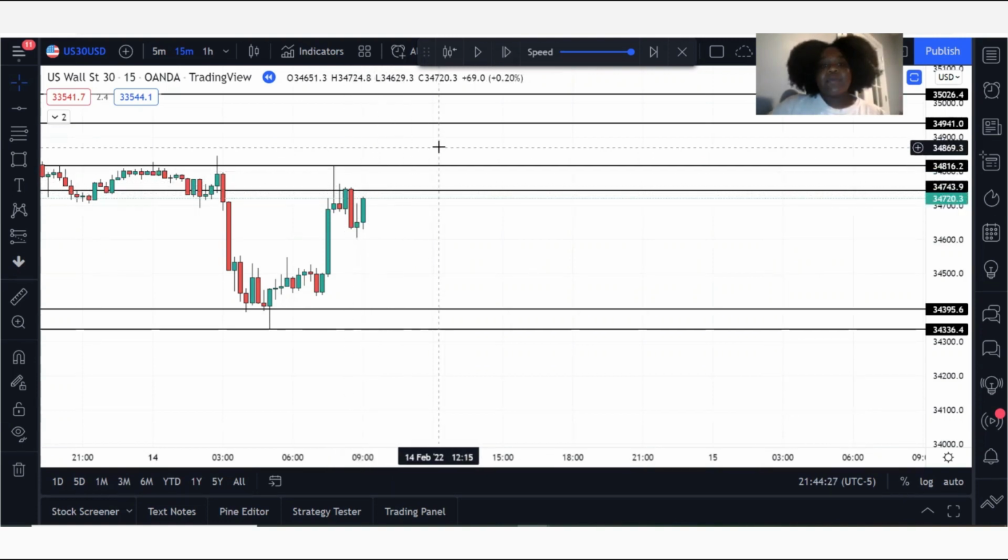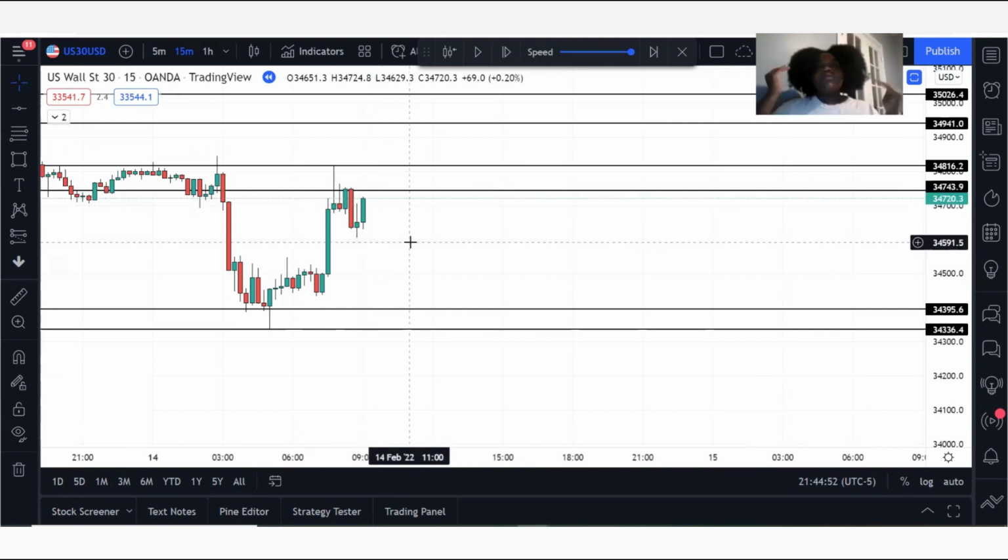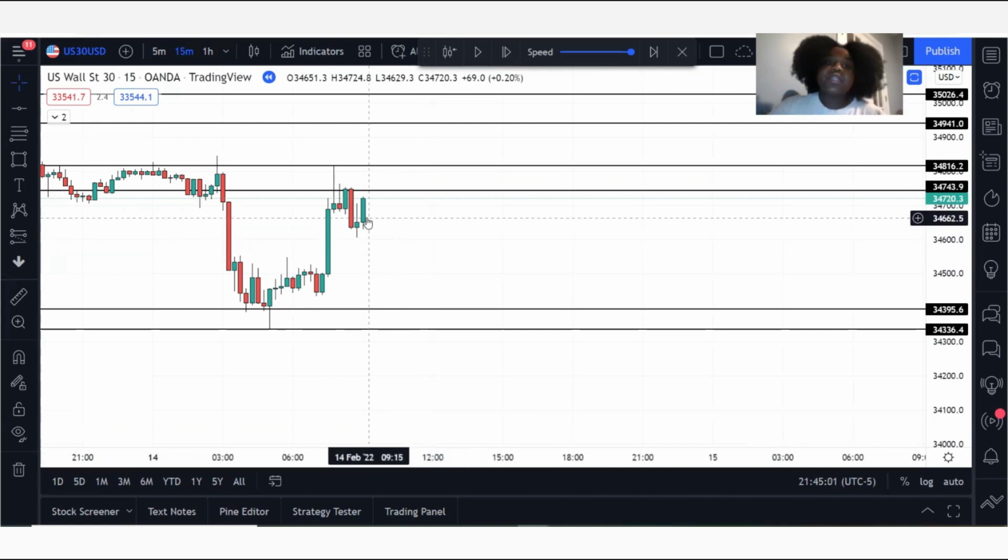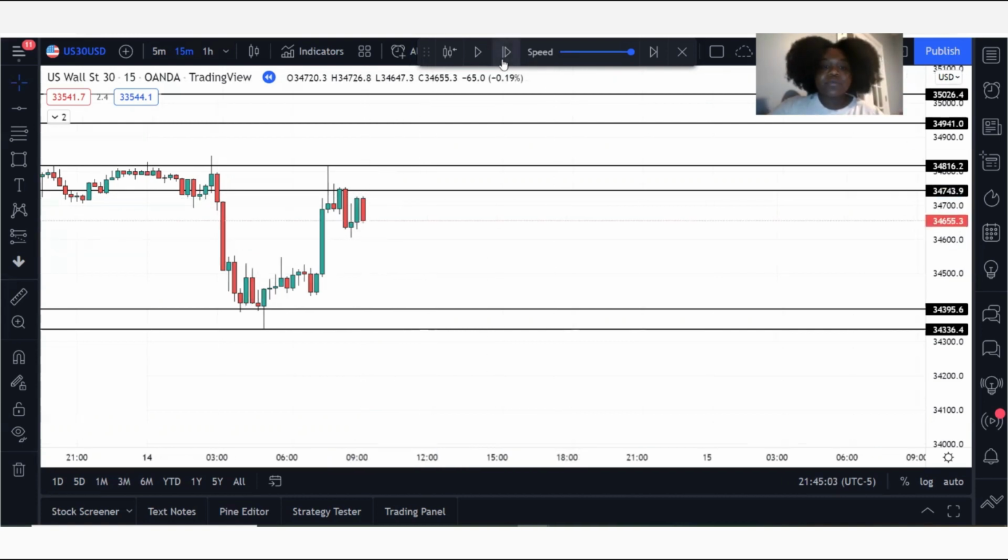Or if that doesn't happen, I want to see a really bearish candle, not necessarily breaking because we're still in the zone, but just coming back down. I'm really bad at explaining stuff, but when I just see something, I see it. Right now I don't really know what's happening, so I'm gonna wait for the next candle.